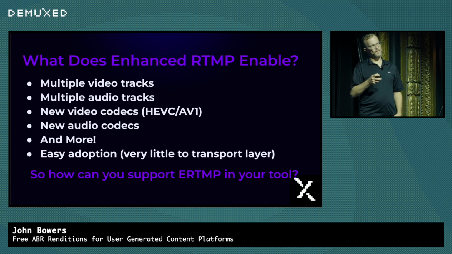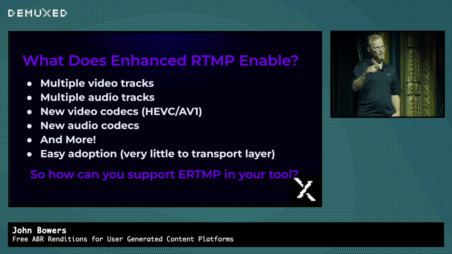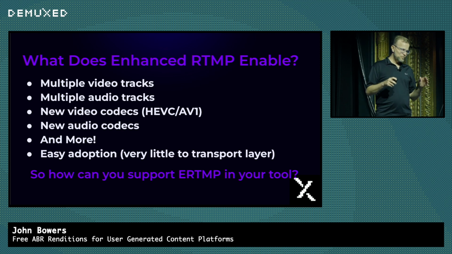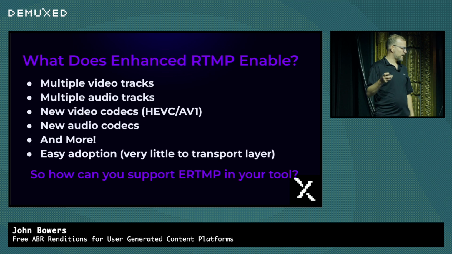And I think this is interesting too. It's pretty easy to adopt if you already use RTMP because there's very little change to the transport layer. So potentially you could use a very little changed version of whatever librtmp library for sending and receiving your RTMP packets.